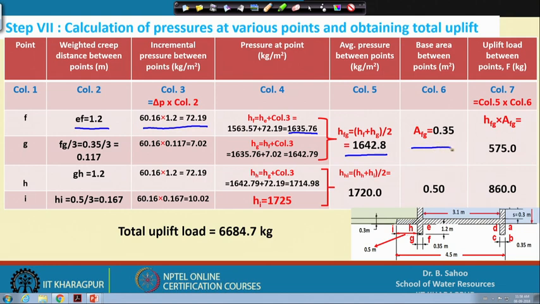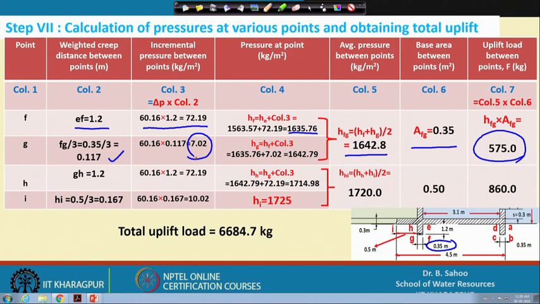AFG equals 0.35, you can see here it is 0.35, and multiplication of column 5 with 6 will get 575 kg, that is our uplift load. Similarly, for FG the weighted creep distance is 0.117 and here we will get incremental pressure as 7.02 kg per meter square.